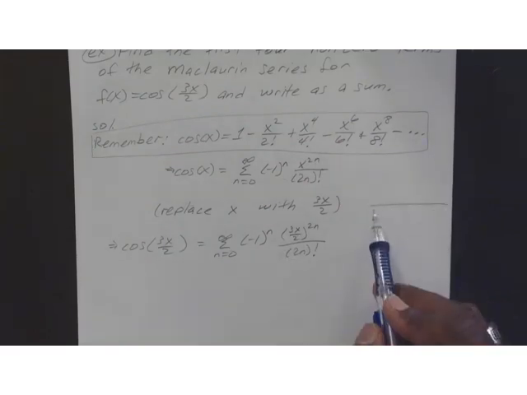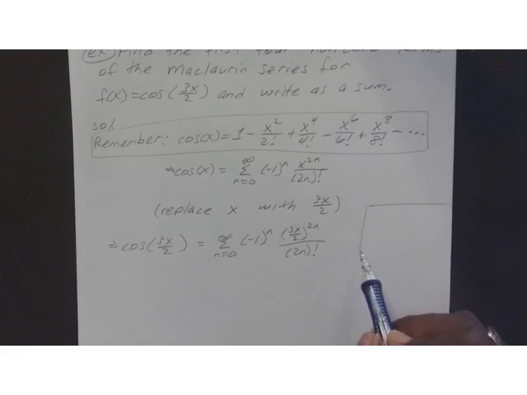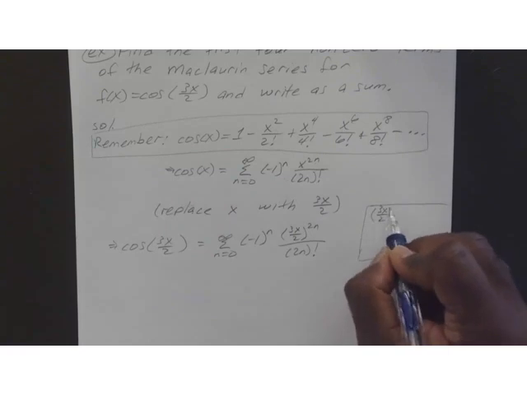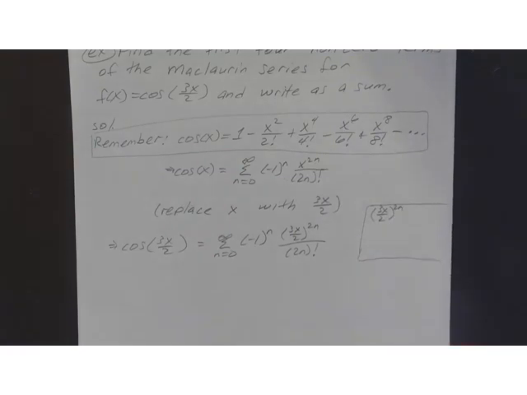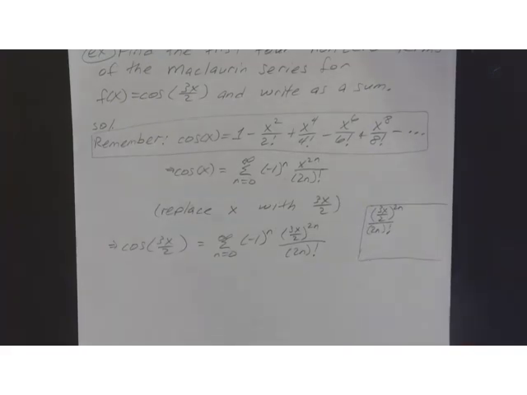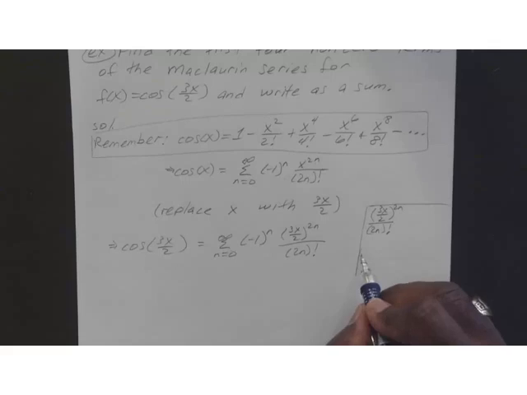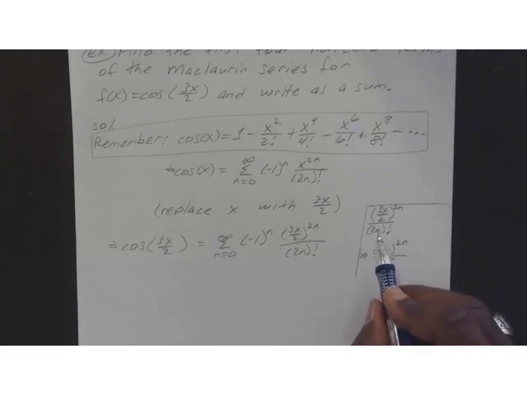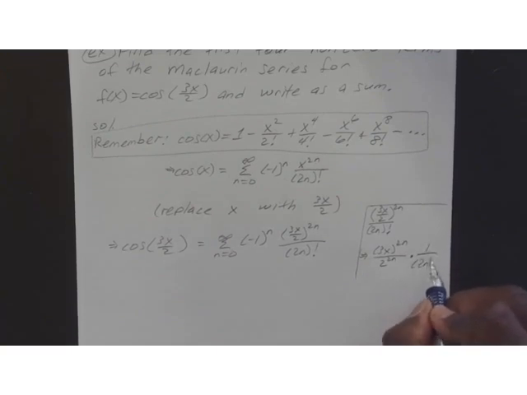Okay, so we know that if we take our 3x divided by 2 to the power of 2n and divide that by 2n factorial, we can rewrite that as 3x to the power of 2n divided by 2 to the power of 2n, and all of that divided by 2n factorial, which we could just rewrite as times 1 over 2n factorial.